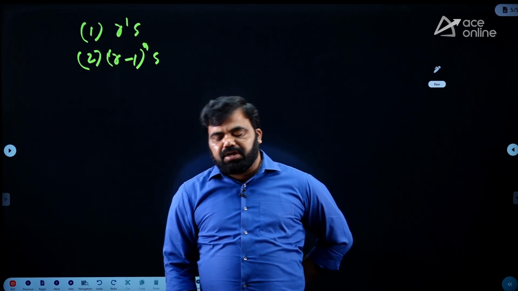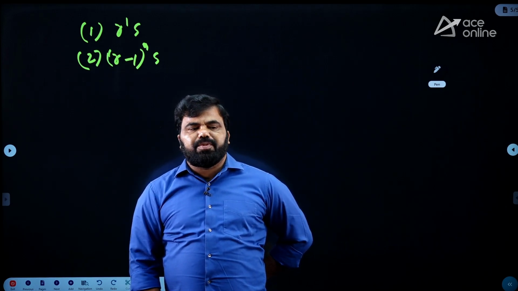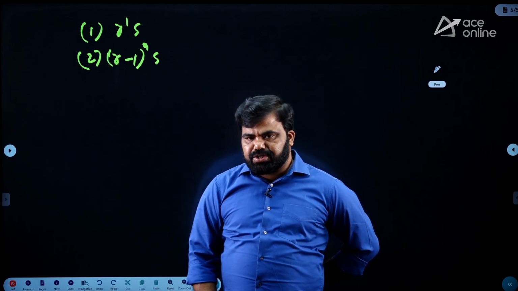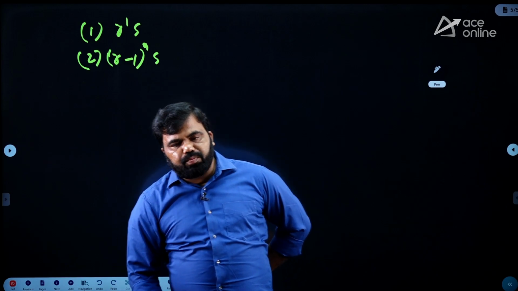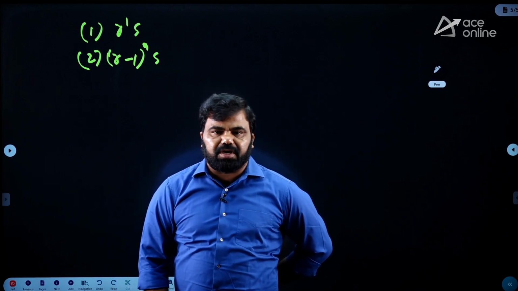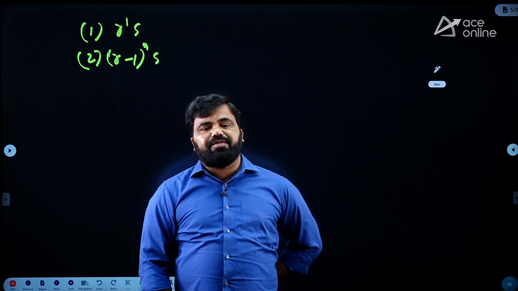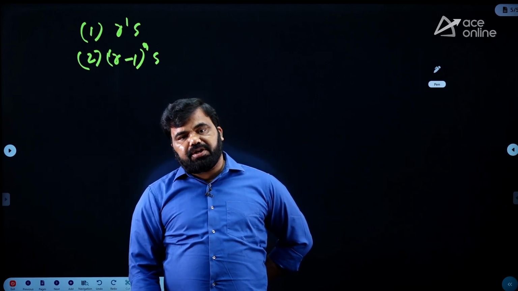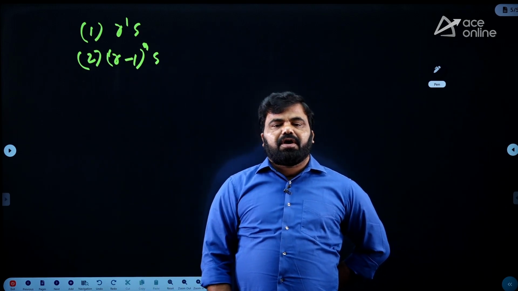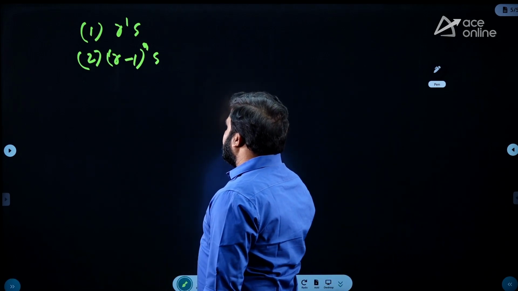By leaving the least significant zeros as they are, the first non-zero least significant digit should be subtracted from r, and all the remaining digits should be subtracted from r minus 1. So that is the method we use.